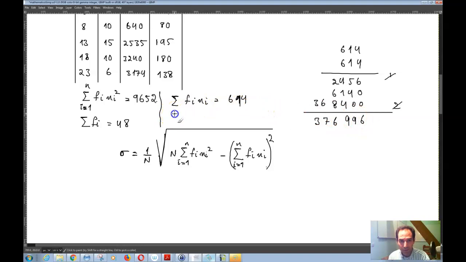So sigma f of i x of i all squared is equal to 376996.